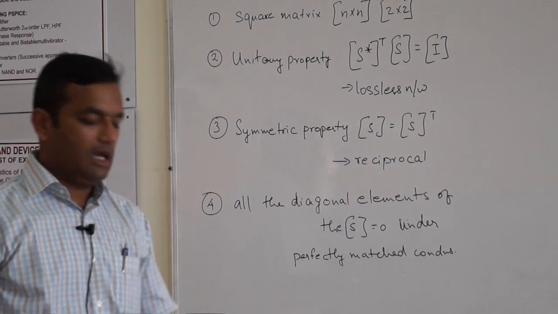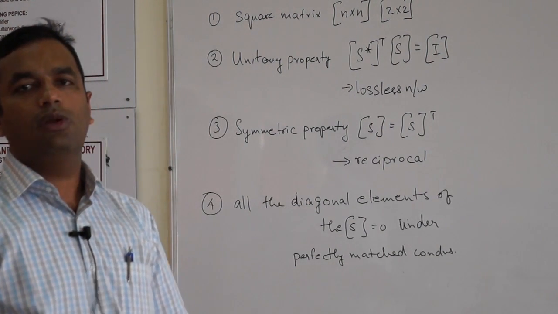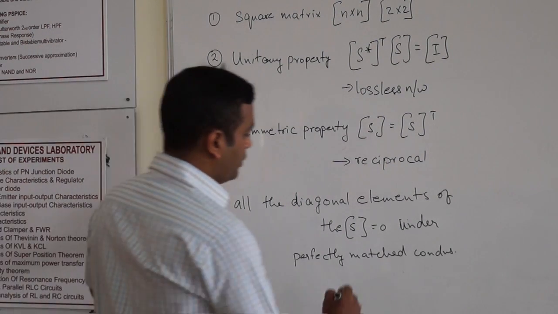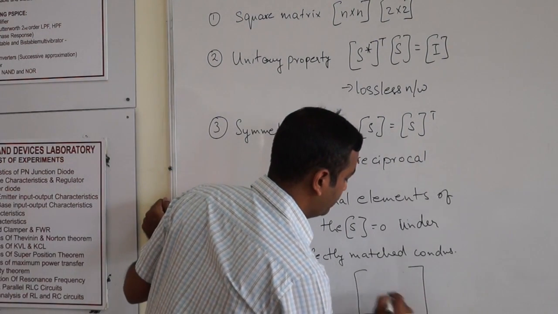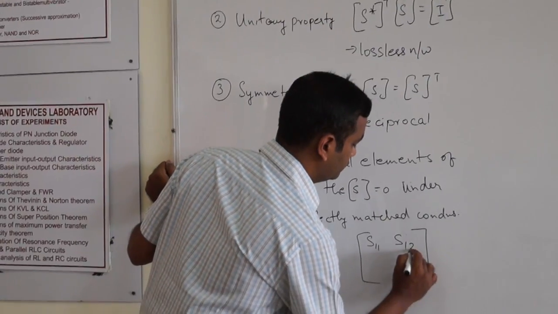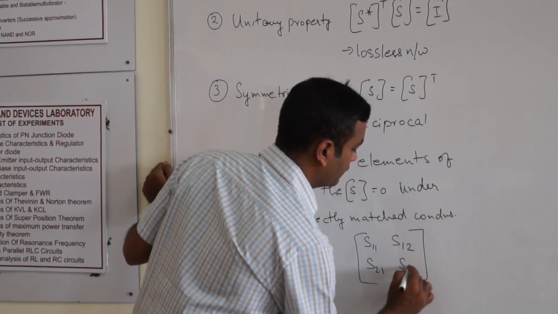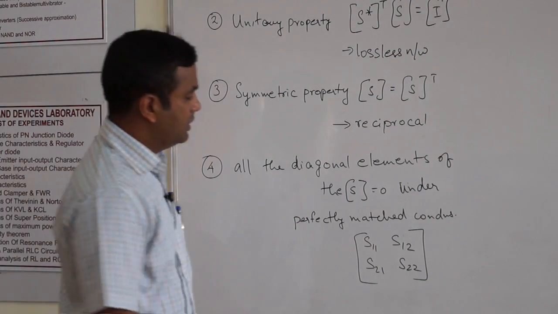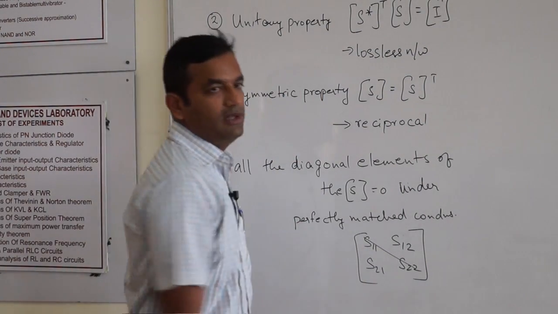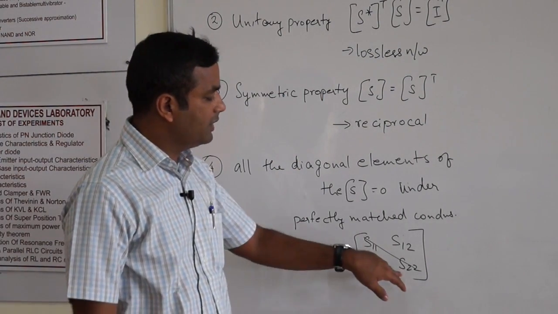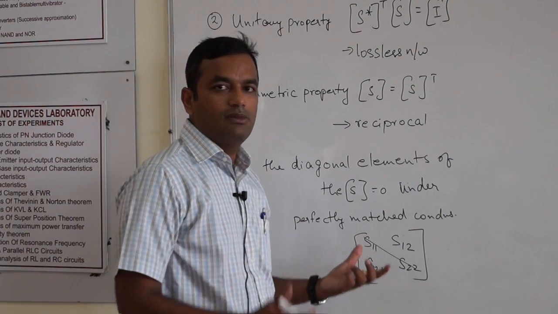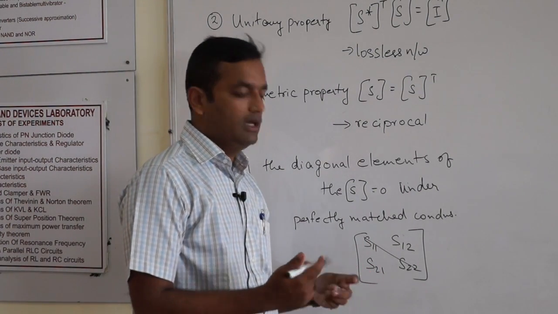If you can recall, S11 represented the input reflection coefficient. Suppose I have a two-port network, under perfectly matched conditions S11 and S22 will be 0, which means that the input reflection coefficient and the output reflection coefficient will be 0, making the system perfectly matched.